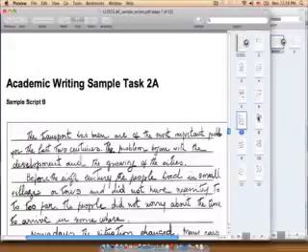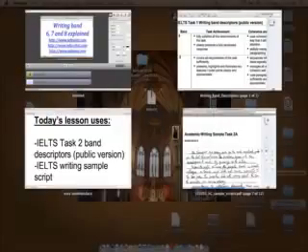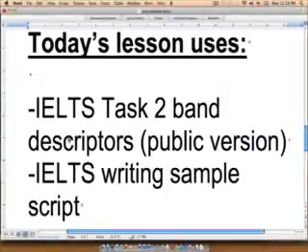And I think that this file is very helpful to refer to, as it shows you exactly, with comments, what band these various writing examples would achieve. So we will analyze a few of these writings later in this lesson as well. So you may want to get those two files before continuing this video.